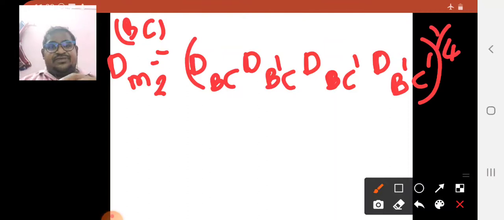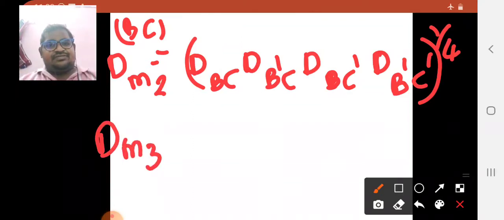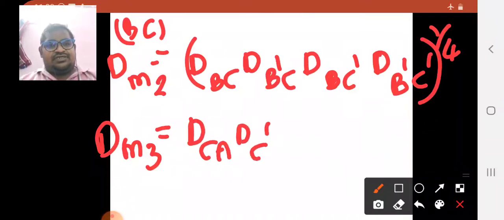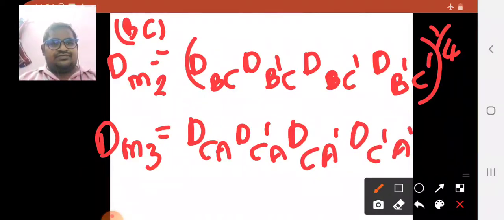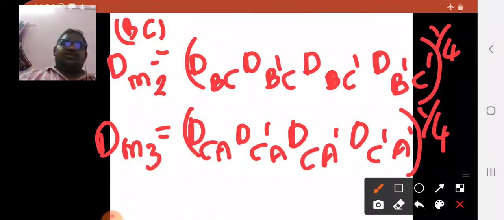And similarly, can you write the expression for DM3? Try, I will write here. DM3 is equal to (DCA · DC'A · DCA' · DC'A')^(1/4). I hope you have DM1, DM2, DM3.